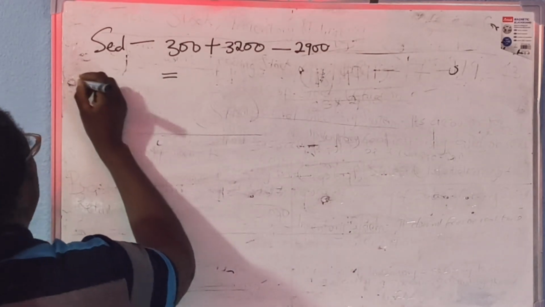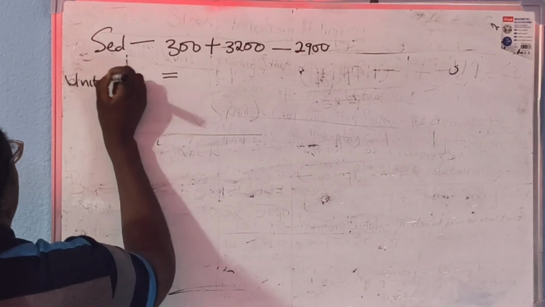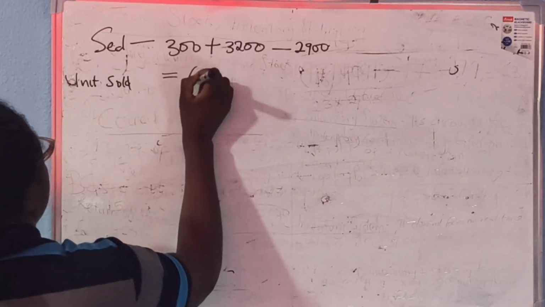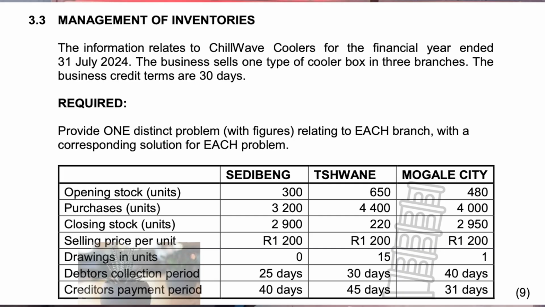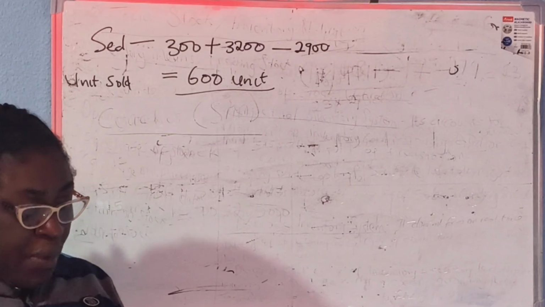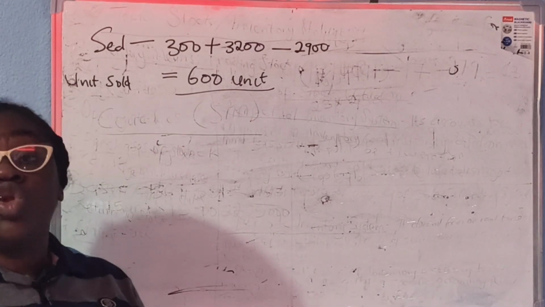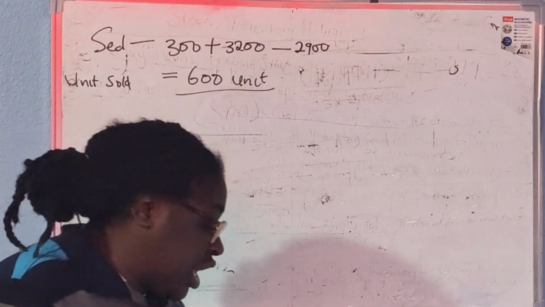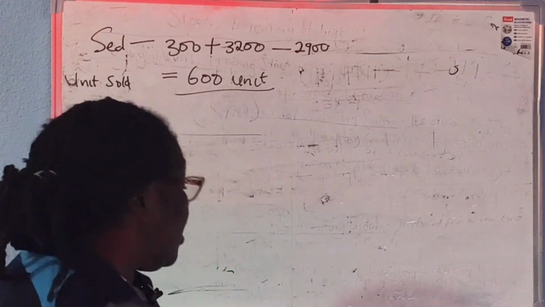Units sold is just 600 units, which is very low for the whole year. So the problem there is low sales of 600 boxes.